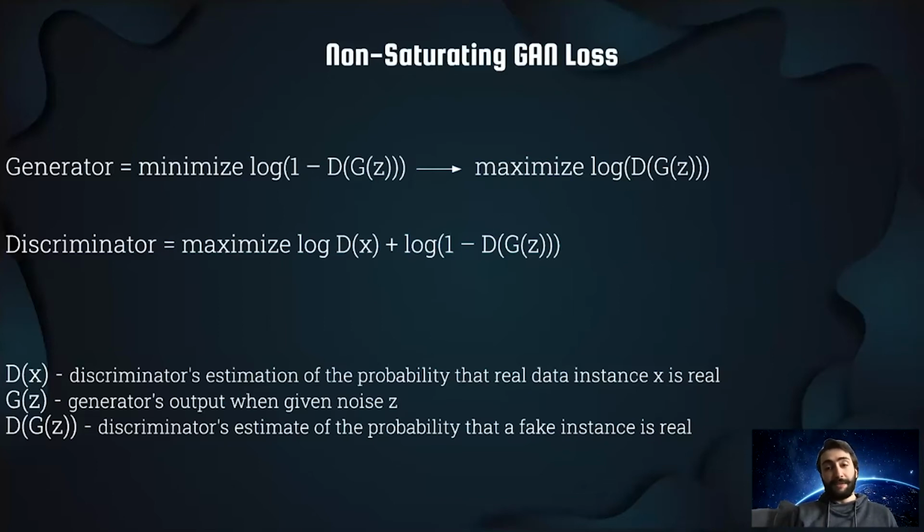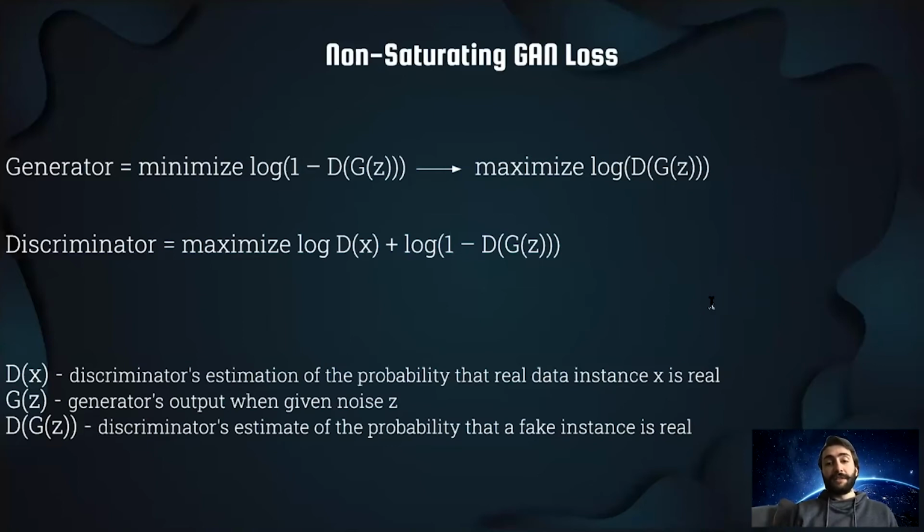So to simplify this subject, previously the generator was trying to generate images that were less fake, and now it tries to generate images that are more real. The same task, but a different approach.